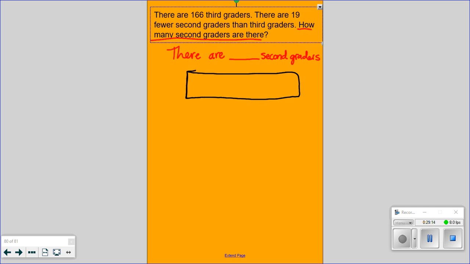That box is going to represent all my third graders. So far, so good? Bryson, how many third graders were there? I'm going to pop that in there. That box is worth 166.